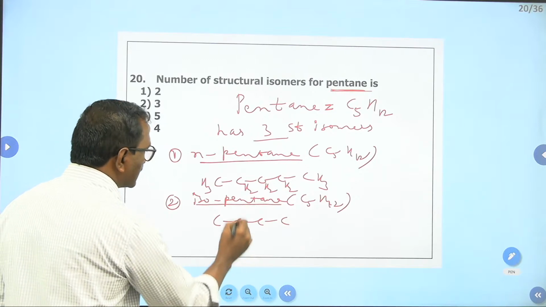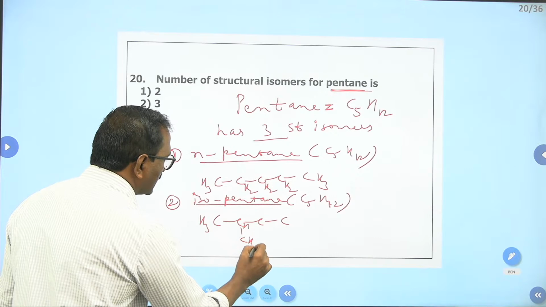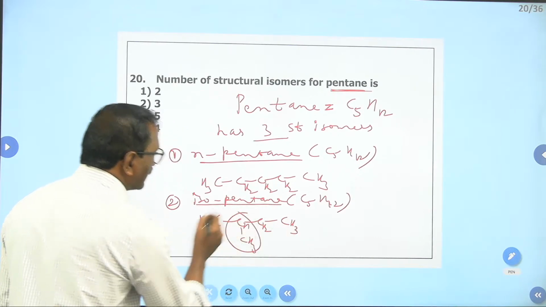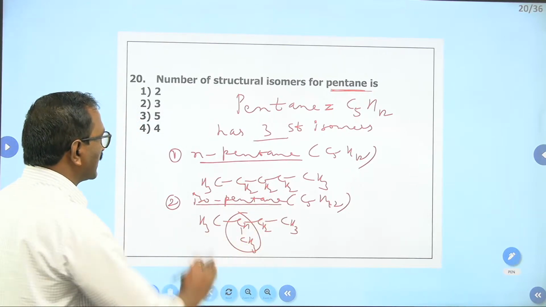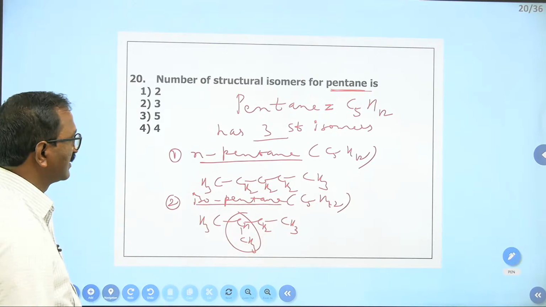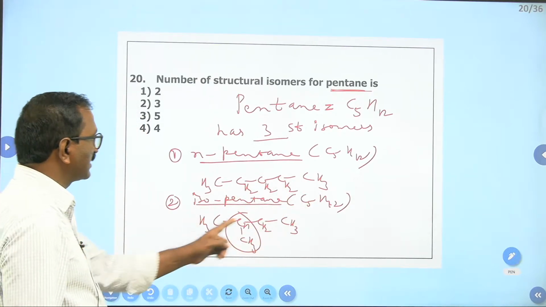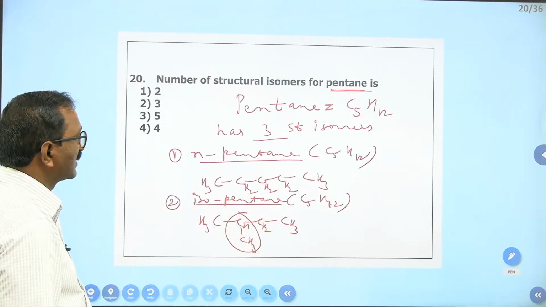Hence this condition is the iso condition. It should become CH3, CH, CH3, CH2, and this is CH3. Here also 5 carbon atoms, but the arrangement of the carbon chain is different. So this is the N chain and this is the iso chain. Iso chain is nothing but, other than the first and last carbon, 1 carbon has 1 branch.